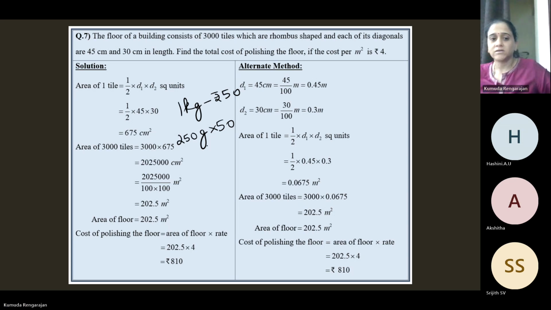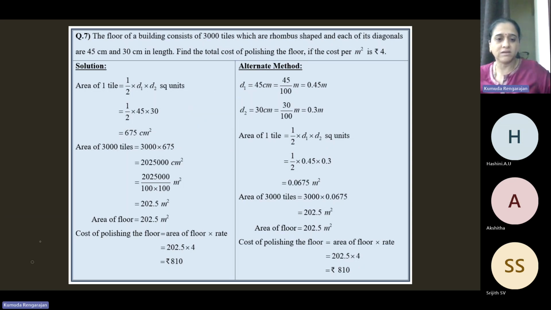So 250 grams means what? 1/4 of a kilogram.